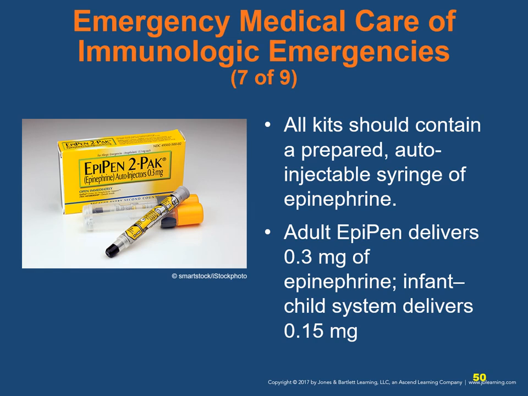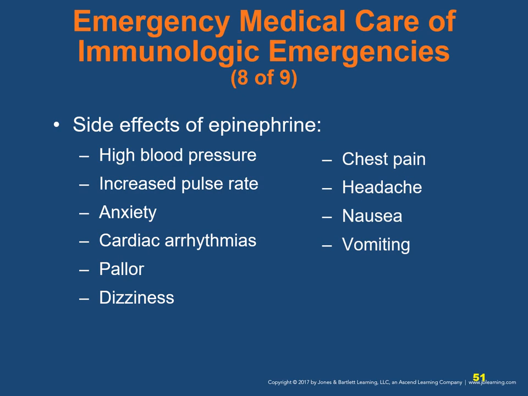Epinephrine can have an effect within 1 minute, so it is the primary way to save the life of someone with a severe anaphylactic reaction. Because epinephrine constricts blood vessels, it may cause the patient's blood pressure to rise significantly. Other side effects include increased pulse rate, anxiety, cardiac arrhythmia, pallor, dizziness, chest pain, headache, nausea, and vomiting.